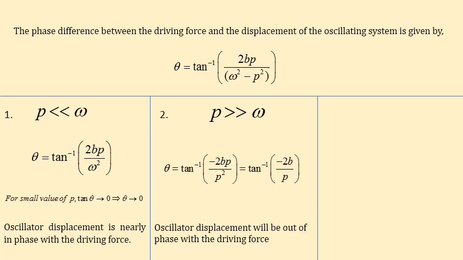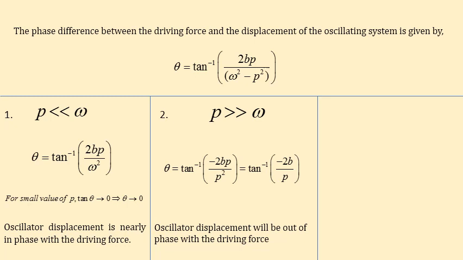So we will get θ = tan⁻¹ of -2bp divided by p², which we can write as tan⁻¹ of -2b divided by p. So in this case, the oscillator displacement will be out of phase with the driving force.